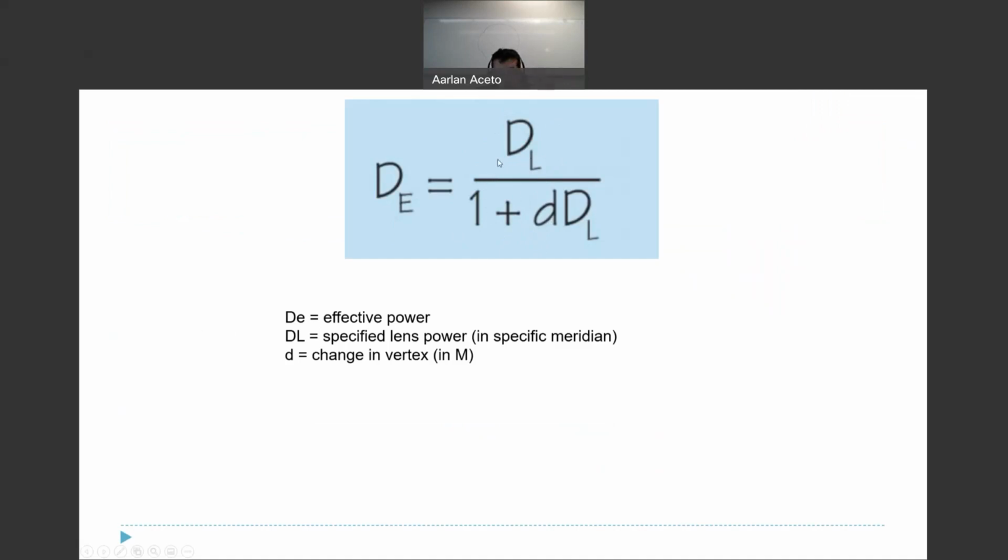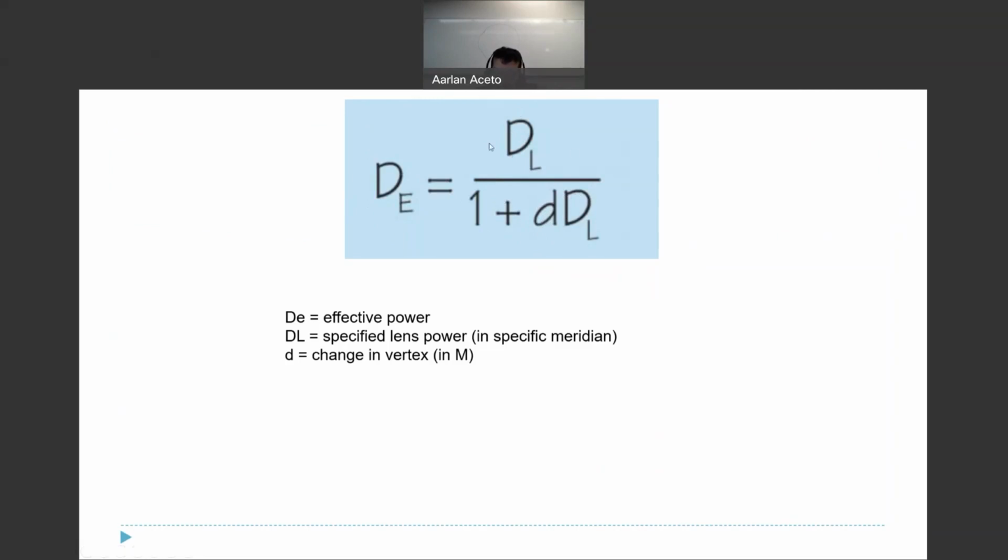If I set the change in vertex, from where the doctor prescribed to where the patient is wearing it, to 0, this would cancel out. So the effective power of our lens, if you didn't have a change in vertex, would be just the power the doctor prescribed over 1, exactly that same lens power.